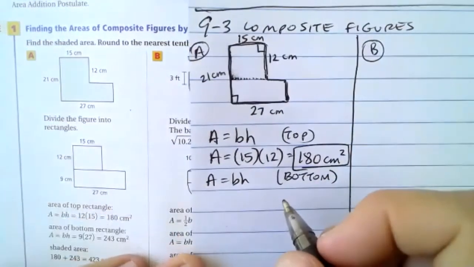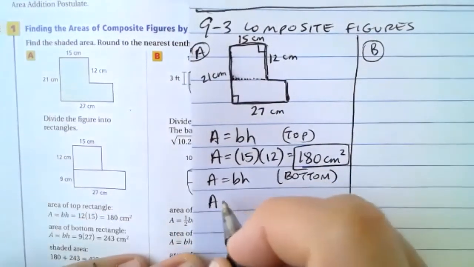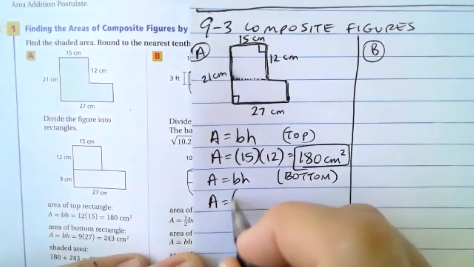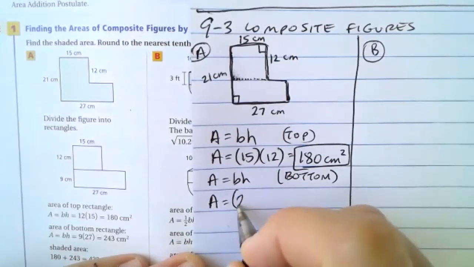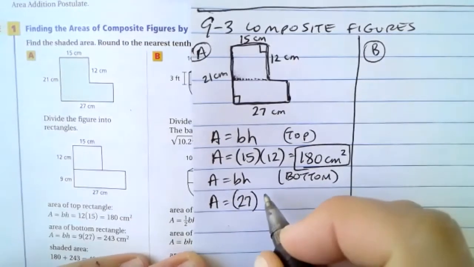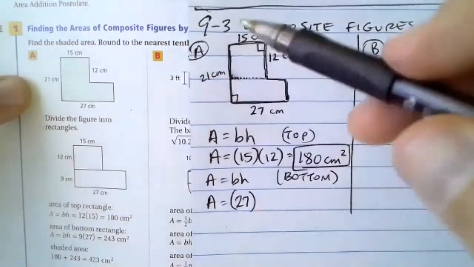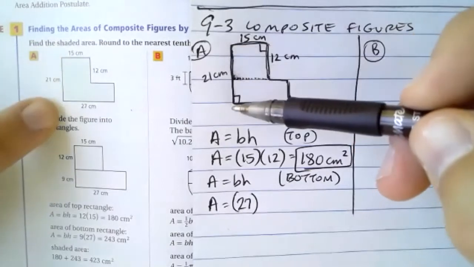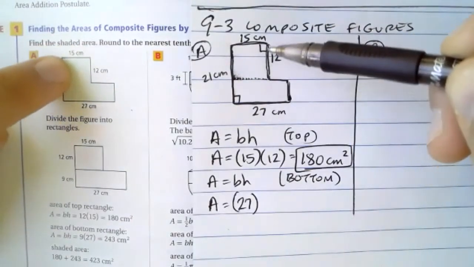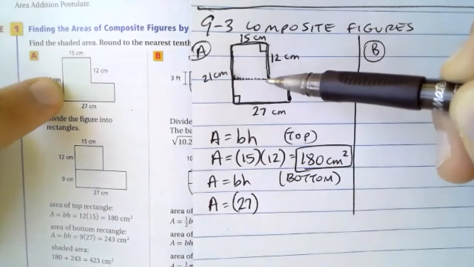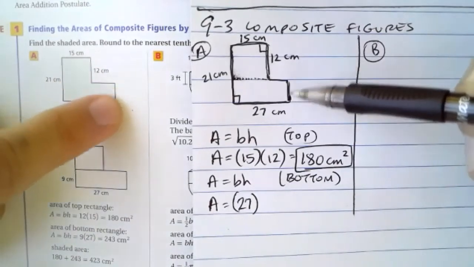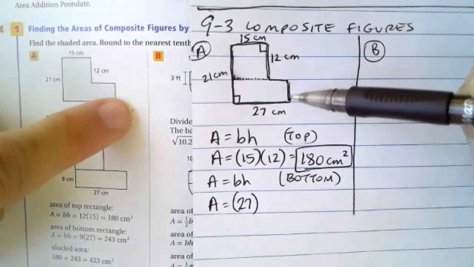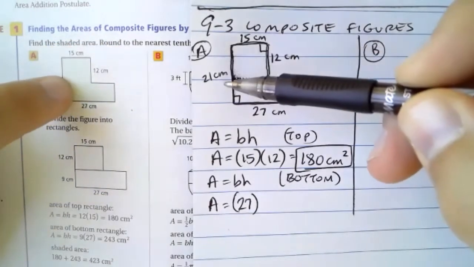Now we go down to the other part here and we say the base is 27. That's obvious. And the height here, this whole length is 21 centimeters, all right? Well, if you take 12 centimeters away from that, what you're left with is this little section over here, which is 9. 9 plus 12 makes 21.